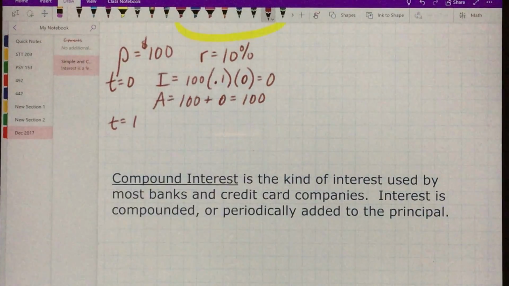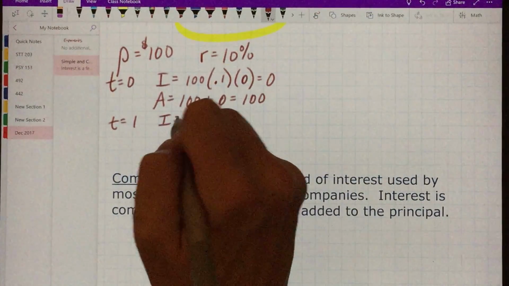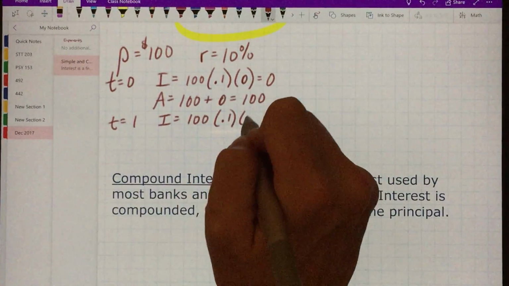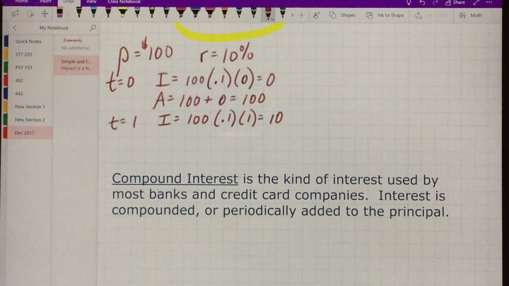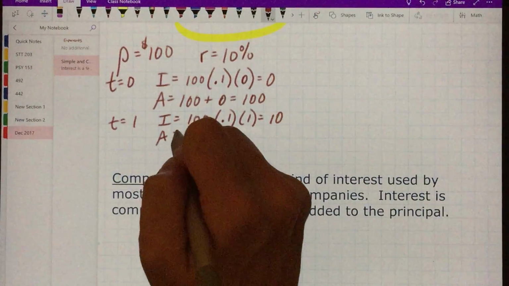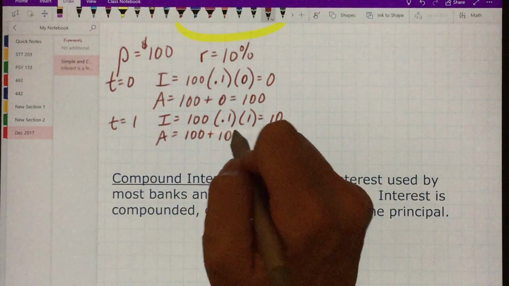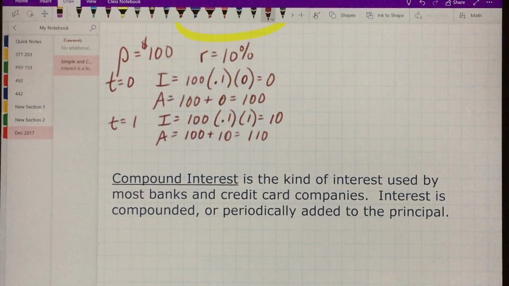If you say yes and you keep the money for a year, your interest is the principal times the rate times the time, and this will be $10. So then the amount paid back is 100 plus the 10 equal to 110.